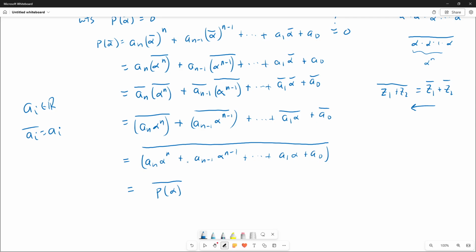This is just the polynomial p of z with alpha plugged in for z. And p of alpha was equal to 0, so this is 0 bar, which is 0. So therefore, alpha bar is a root of p as well. And this is what we wanted to show.